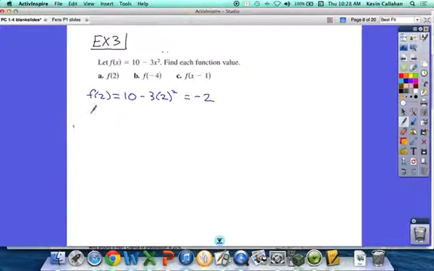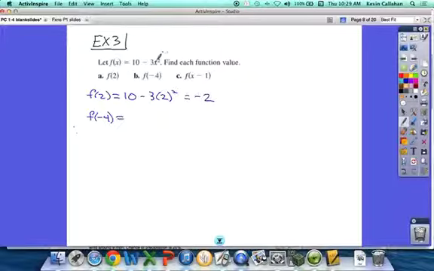How about f of -4? What will that be? Who's got an answer? -30. Yeah, I think that's right. The thing you want to be careful of, and this is where we always make mistakes, is that when you plug in this -4 for x, -4 squared will be +16.